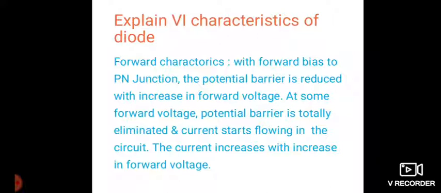When the battery voltage becomes equal to the barrier potential, the potential barrier is completely eliminated and the diode starts conducting. So, the current starts to increase rapidly.